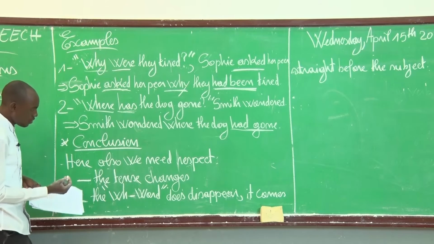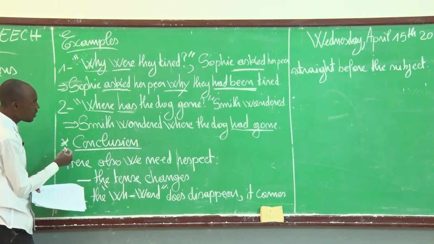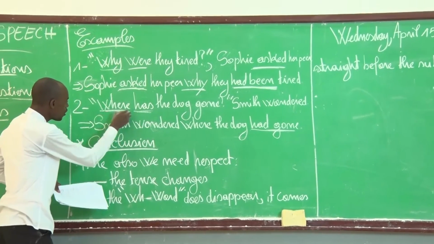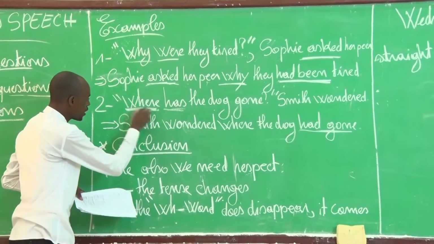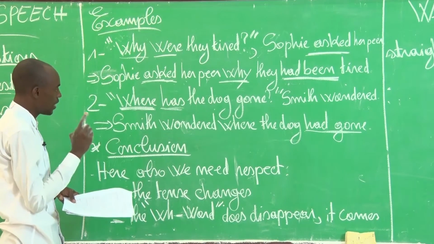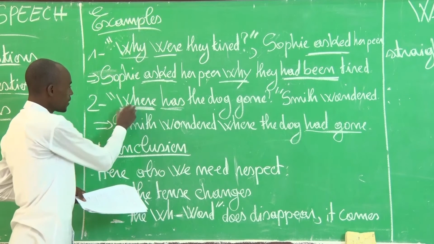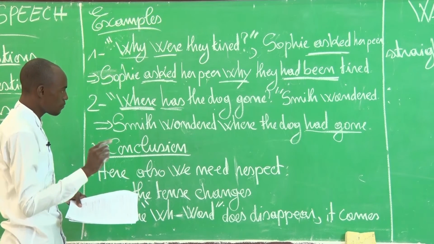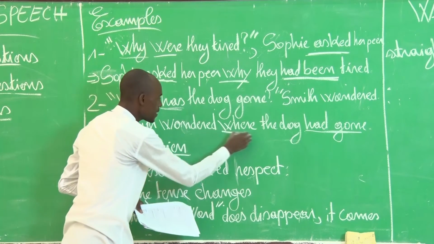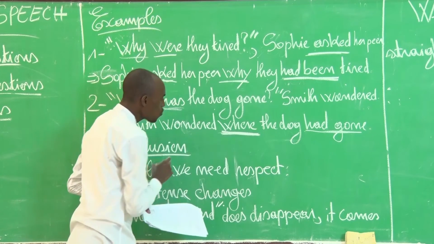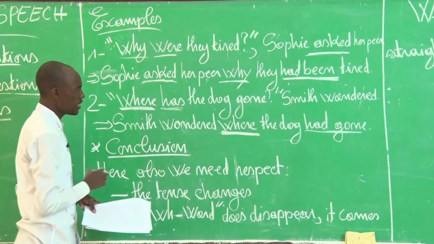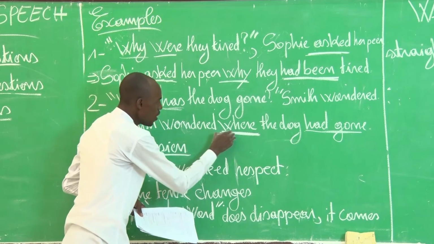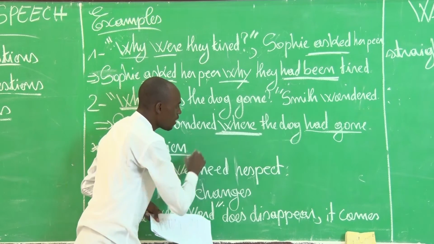In this sentence, the WH word is here, and in reported speech, the WH word comes straight before the subject. Ici, nous avons le mot interrogatif qui vient juste avant le sujet.